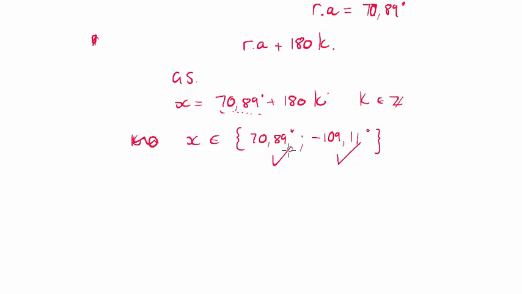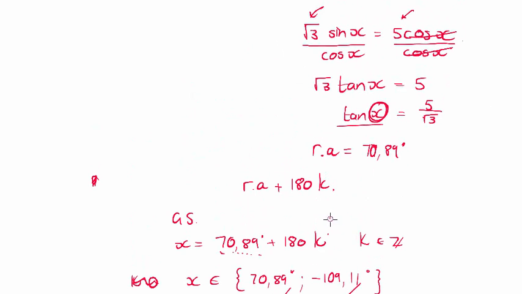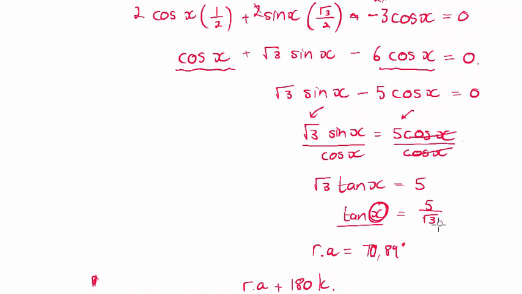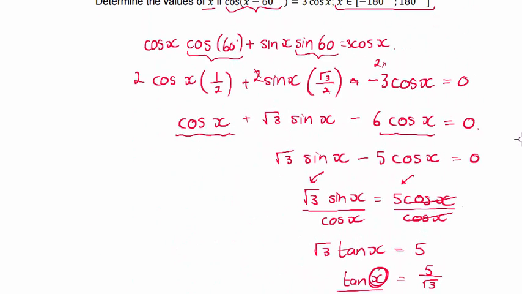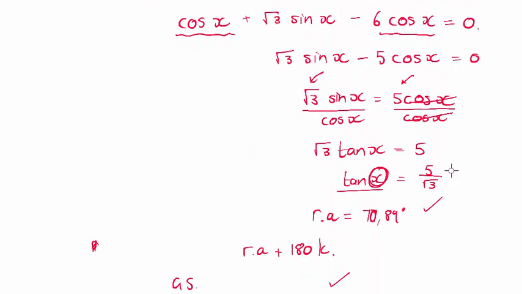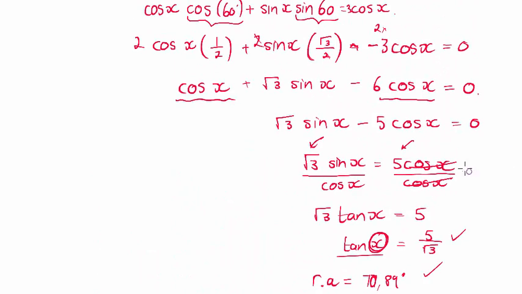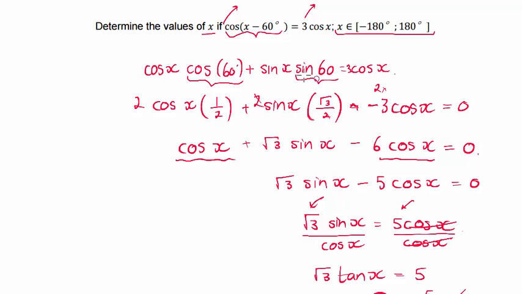I think the marks were given one for each solution, one for the general solution, one for finding the reference angle, one for doing this, one for simplifying to this, one for giving the special angle values, and one for expanding the cos using the compound angle.